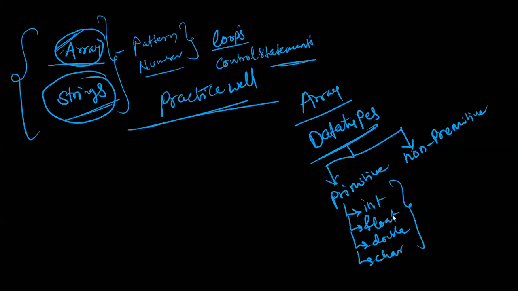When we are unable to store some kind of data using these, we have non-primitive data types, also called user-defined data types. Using these, we can define our own data types.